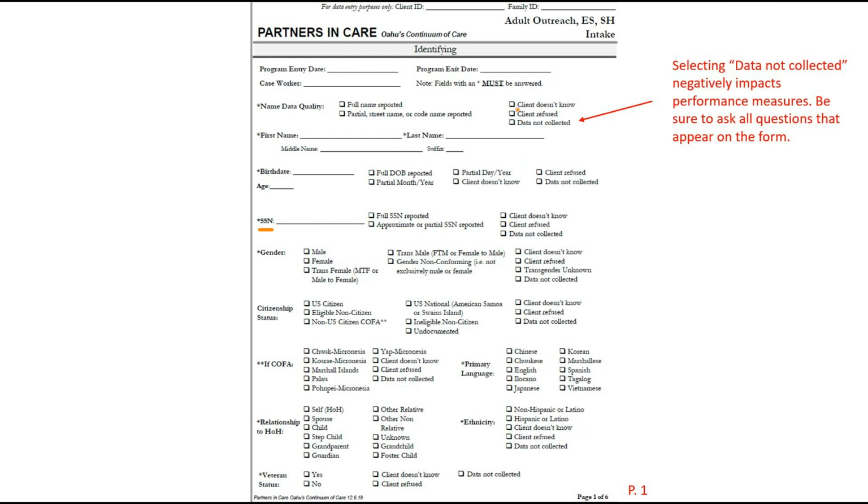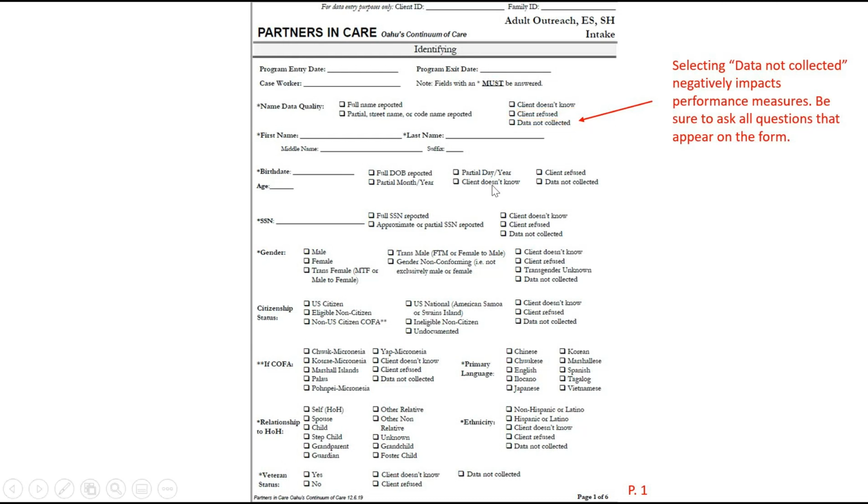So whatever the reason, you would just want to select the right option. If you say client doesn't know, that tells us something. If you say client refused, that tells us something else. If you say data not collected, that kind of tells the system that you didn't ask the question, and it kind of looks like you didn't do your job in its completeness. So please make sure that you are asking all the questions, but that you're selecting the correct option here as necessary.